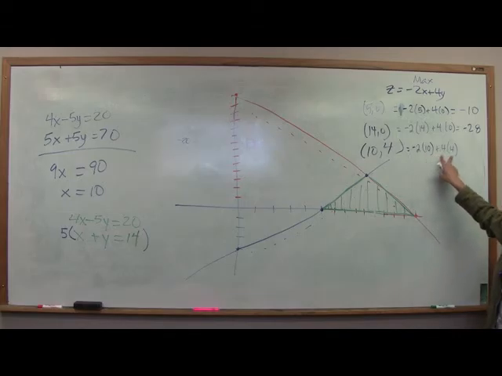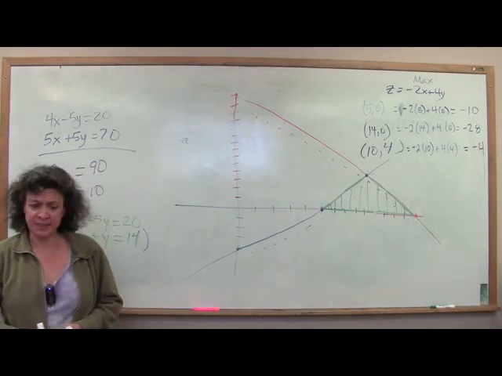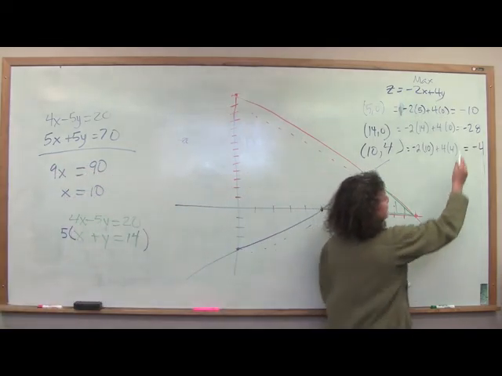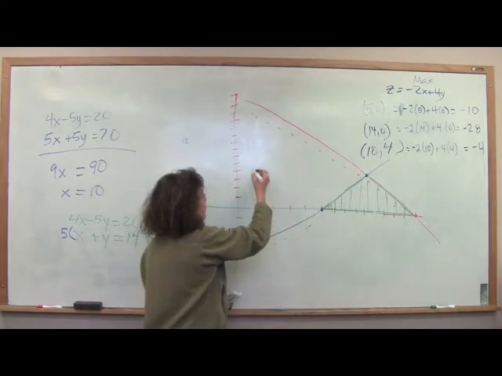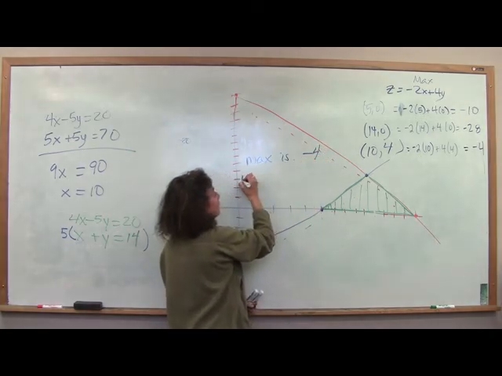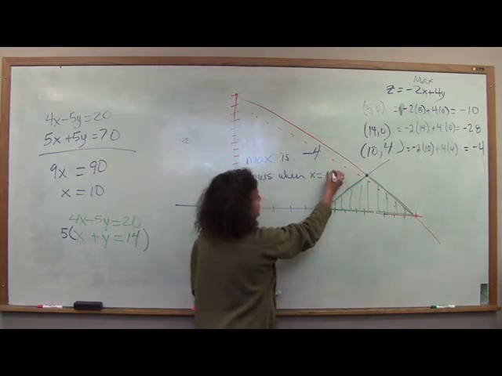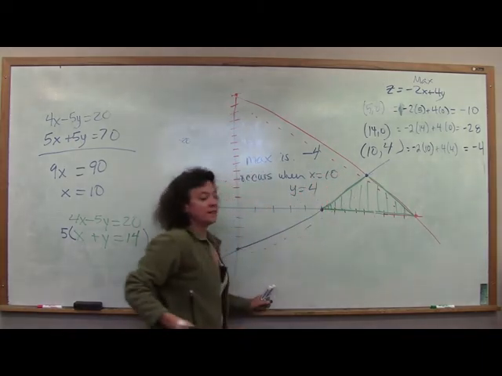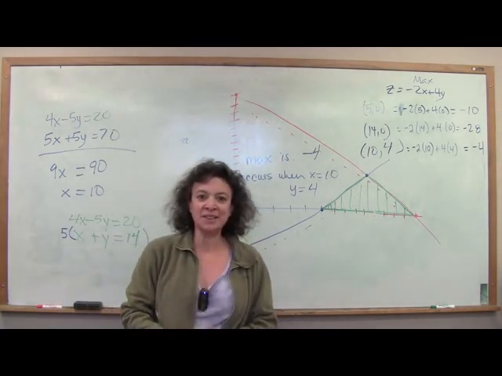Well, here I have negative 20 plus 16 is negative 4. All right. Well, we wanted to maximize this guy. Which is my largest value? -4. So what we would say is that our maximum is -4. And in this case, it occurs when x is equal to 10 and y is equal to 4. All right, that completes our lesson. Thank you.